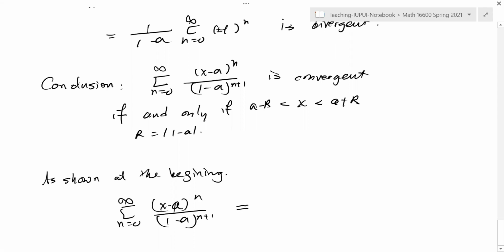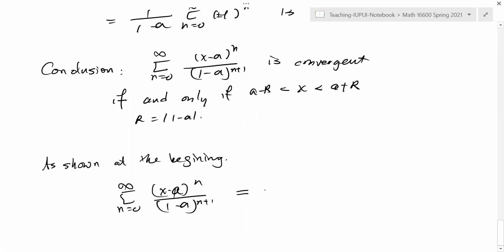The series is actually convergent to 1 over x. It's actually independent of a, for absolute x minus a less than R. Interesting, right? So there's a parameter a in the power series, but the limit is independent of a, as long as a is not going to be 1.